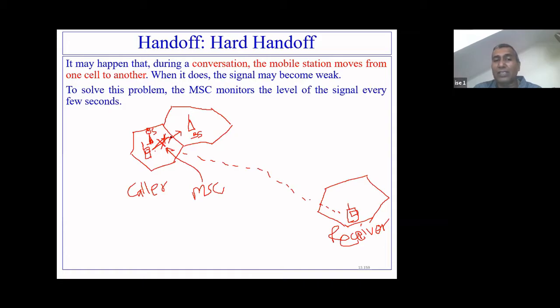But then he enters another cell, and here he goes near this particular base station. So this MSC will find a suitable channel which is having good signal strength and assigns that channel to this mobile user.